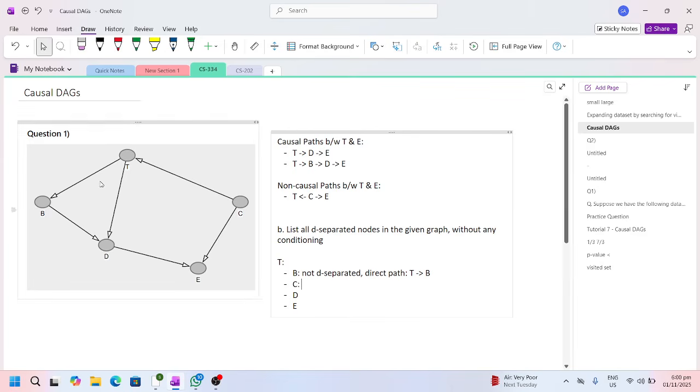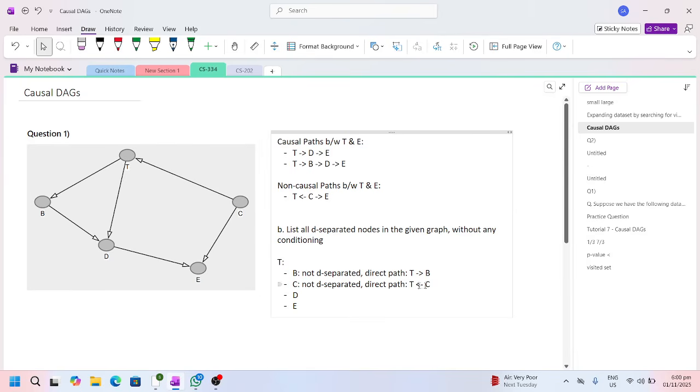Then you look at T and C. T and C are also not d-separated actually. And the reason for this is that again there is a direct path going in this direction. So between T and C also a direct path exists.